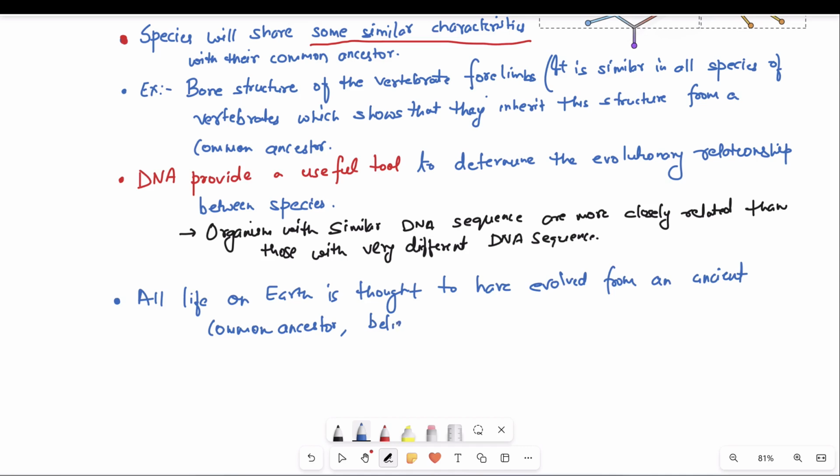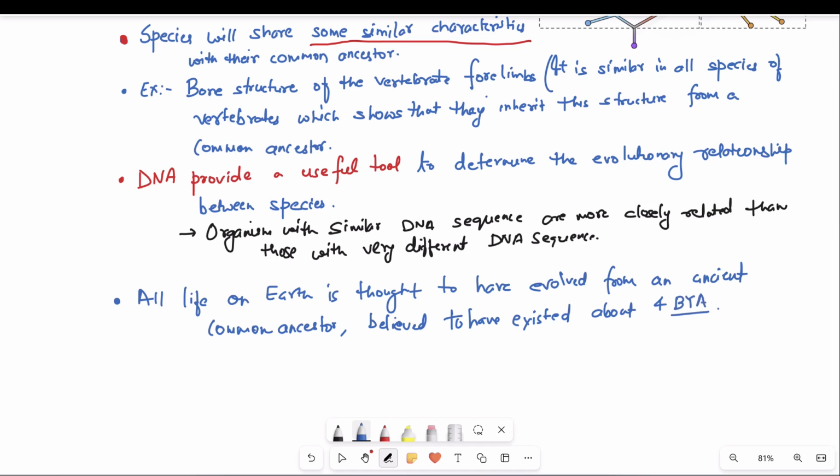And it is believed to have existed about 4 billion years ago.